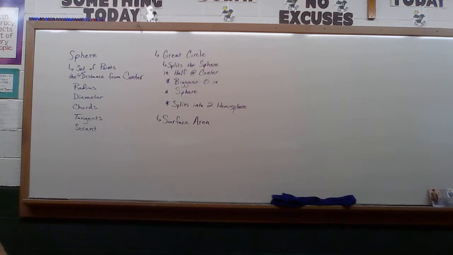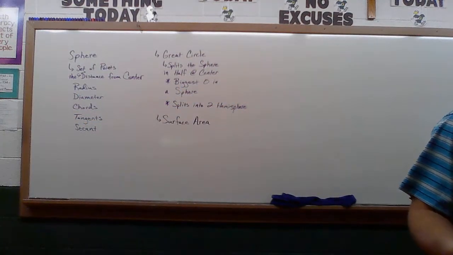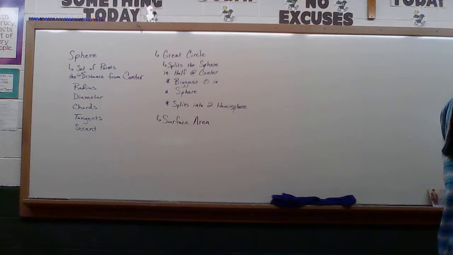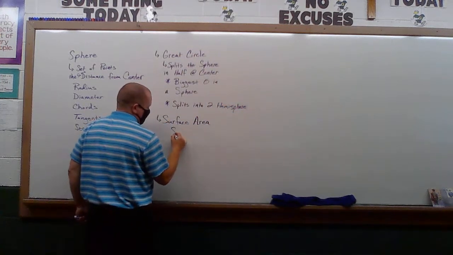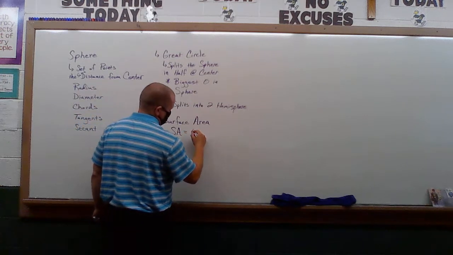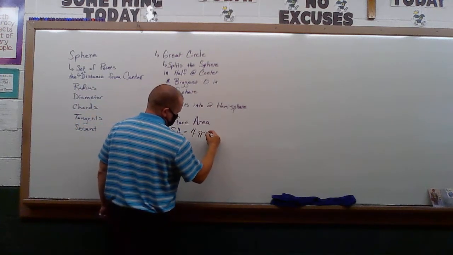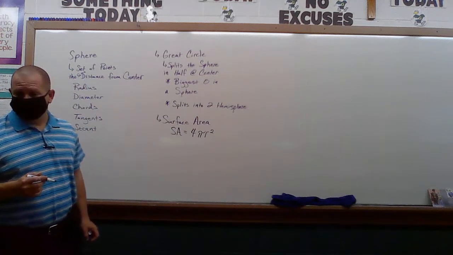But then you got to take into effect how many circles are actually in a sphere. Well, there's a lot of them, right? We could realistically keep chopping it and see a bunch of circles. So they did a bunch of math for you already, and they came up with the surface area as being 4 pi r squared.